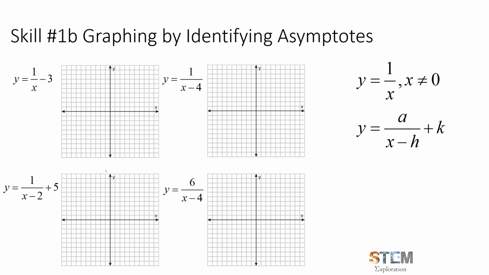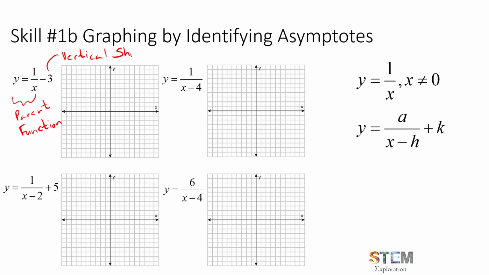So for example, this is your general parent function, right, that you are used to, or at least saw an example of previously. And the other thing that you want to take into consideration here is that if you want to graph it, this is a vertical shift.